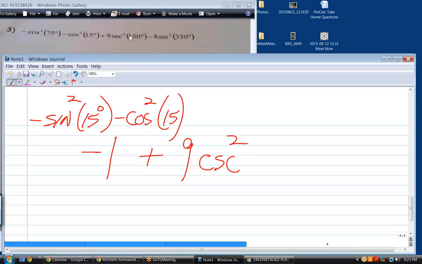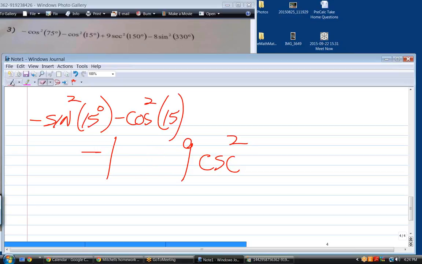Of cosine. So what's the equivalent first quadrant angle? 30. Yeah, 30. But if I write cosecant of 30, I've got to change the sign. It becomes a minus.